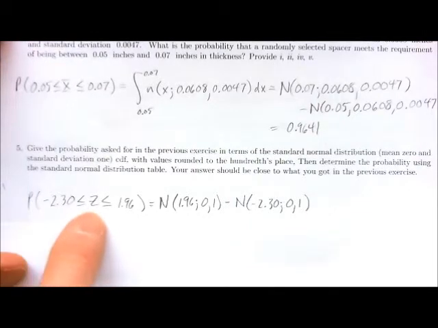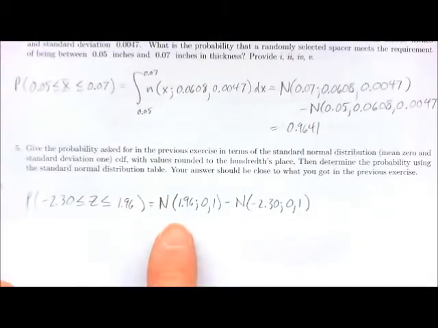So we're looking for the probability that z lies between negative 2.30 and 1.96. Or in other words, we're looking for capital N of 1.96 minus capital N of negative 2.30, where we're using the distribution with mean 0 and standard deviation 1. And you then go and look those up.